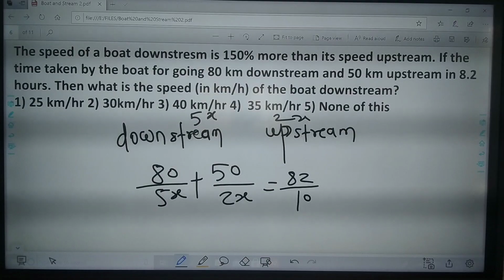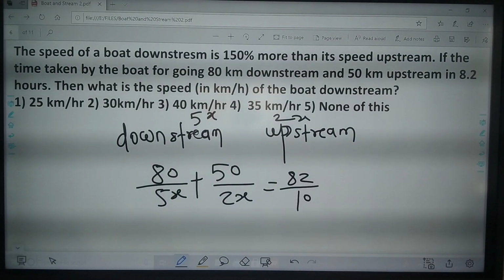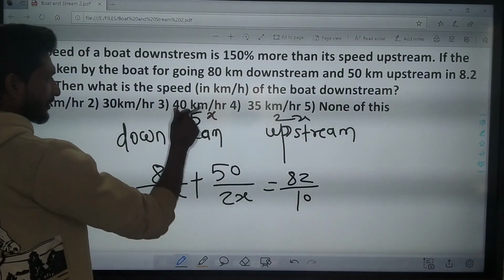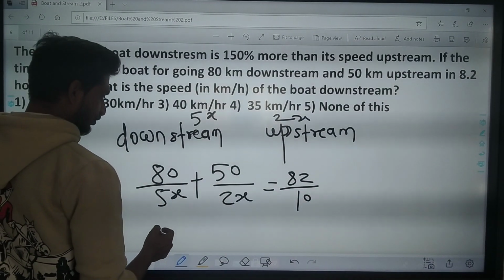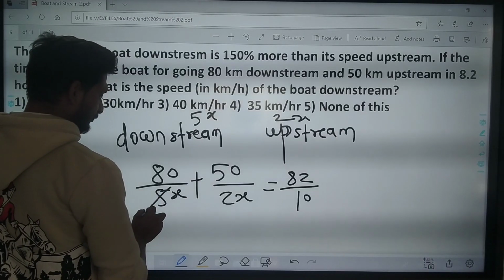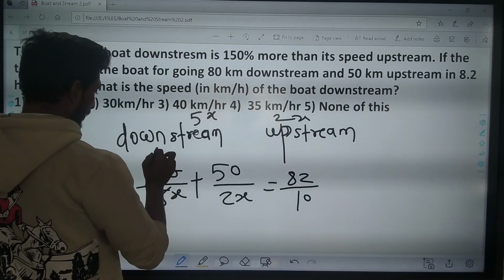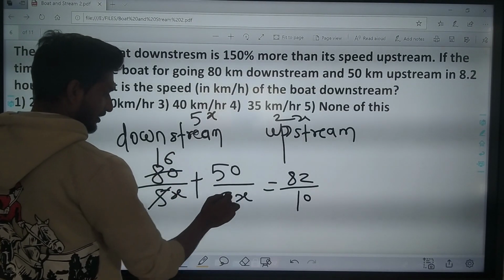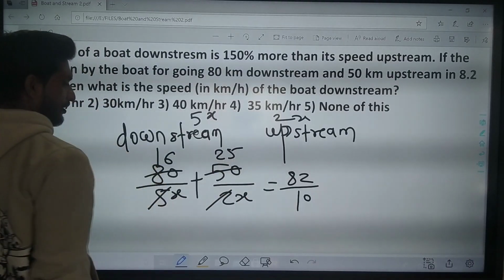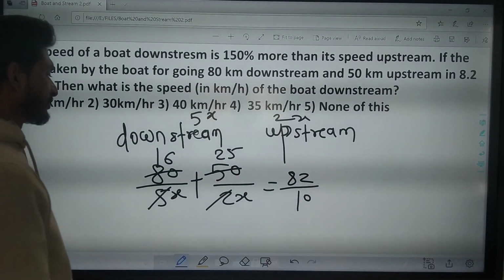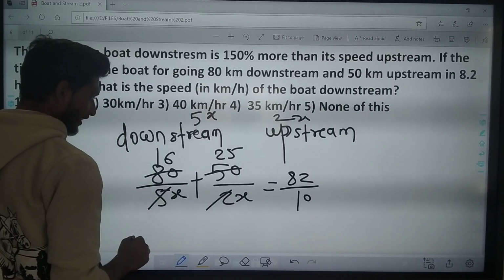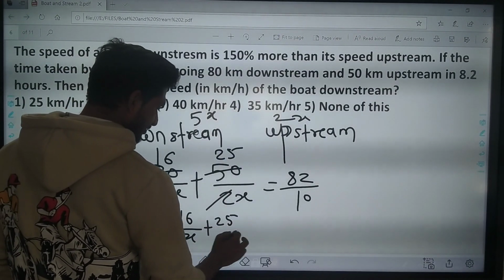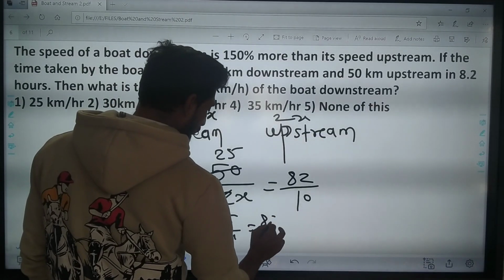Now we solve this equation to get the value of x. x is the common factor. 5 sixes are 30, 25 twos are 50. So here 60 upon x plus 25 upon x is equal to 82 upon 10.